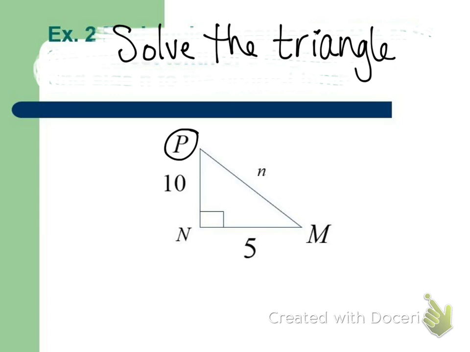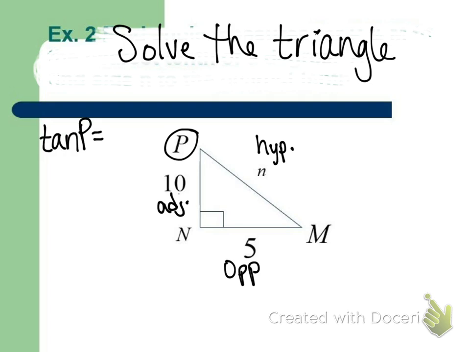In reference to P, let's label our sides. The side that's labeled with a 5 would be what? Opposite. The side labeled with a 10 is adjacent, and the side labeled with an N is the hypotenuse. Okay, so if we only know the opposite side and the adjacent side, which trig function do we have to use? Tangent.